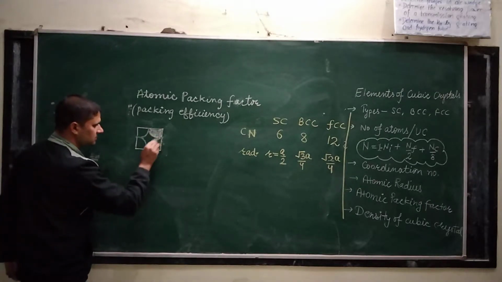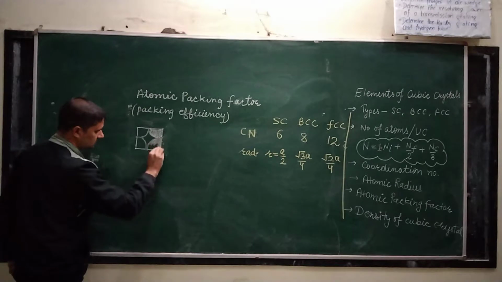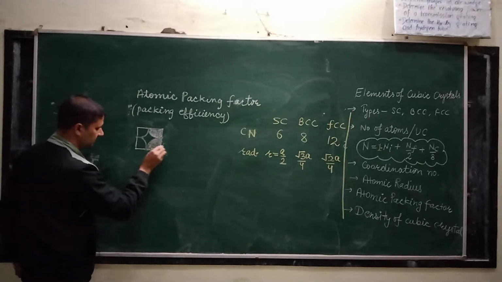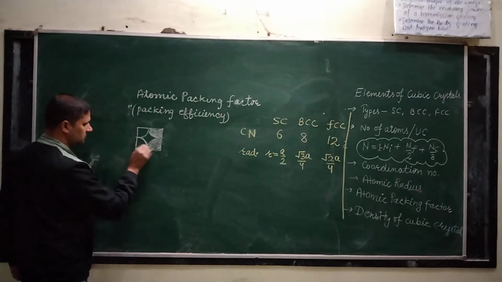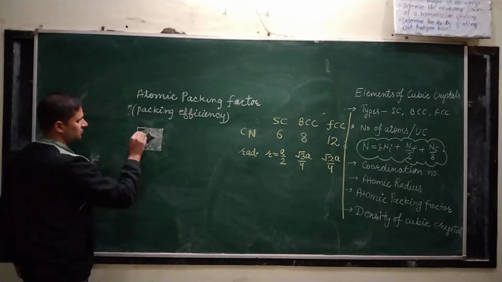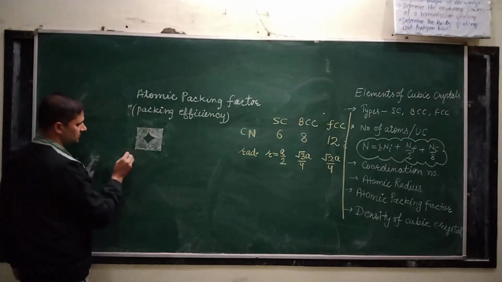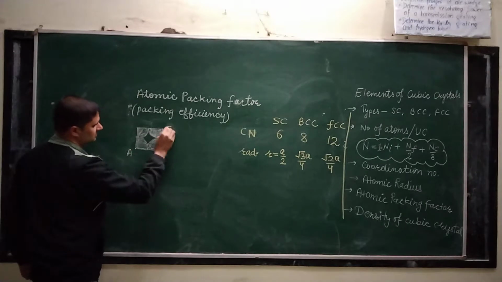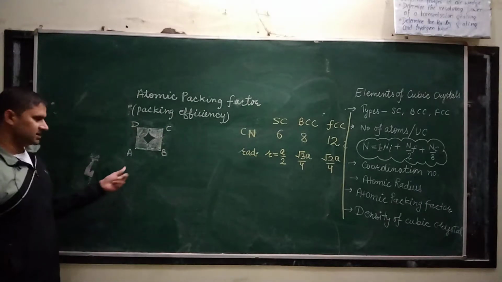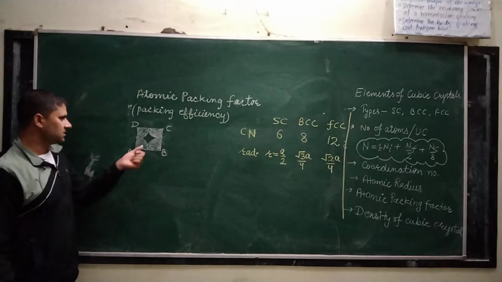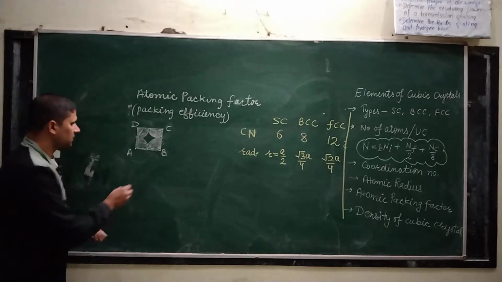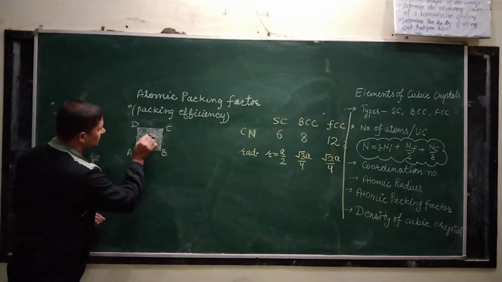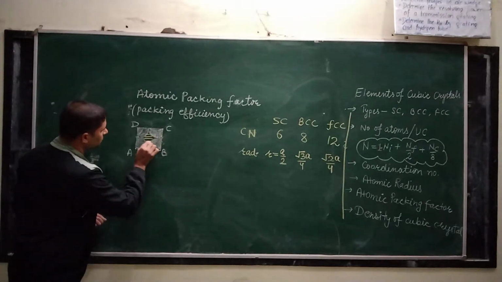Okay, here this is the occupied area, and here you have this much space occupied. Come to this A, B, C, D. So the atoms present at the corners A, B, C, D are occupying only this area, and this area is left unoccupied.